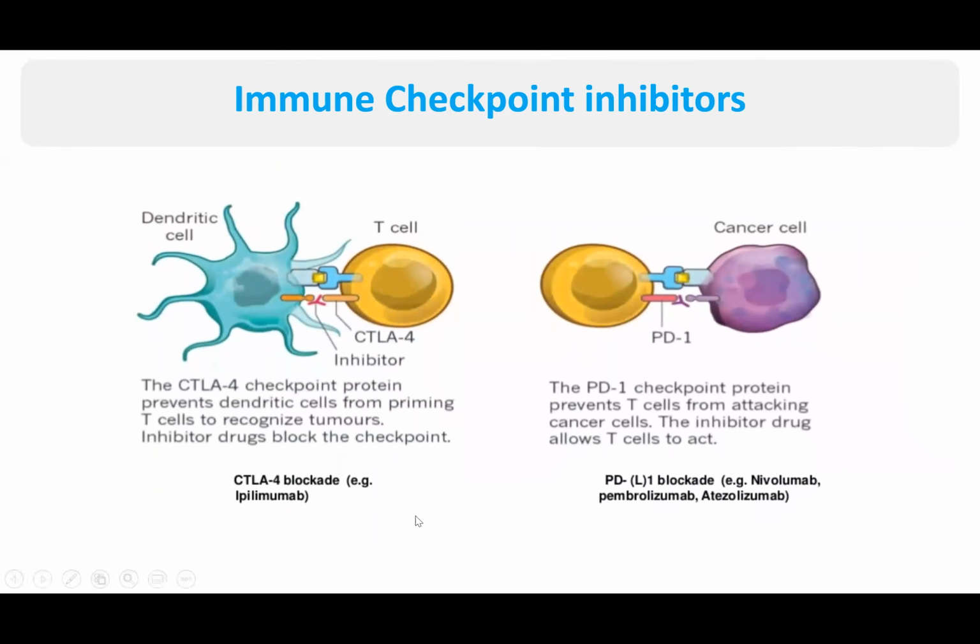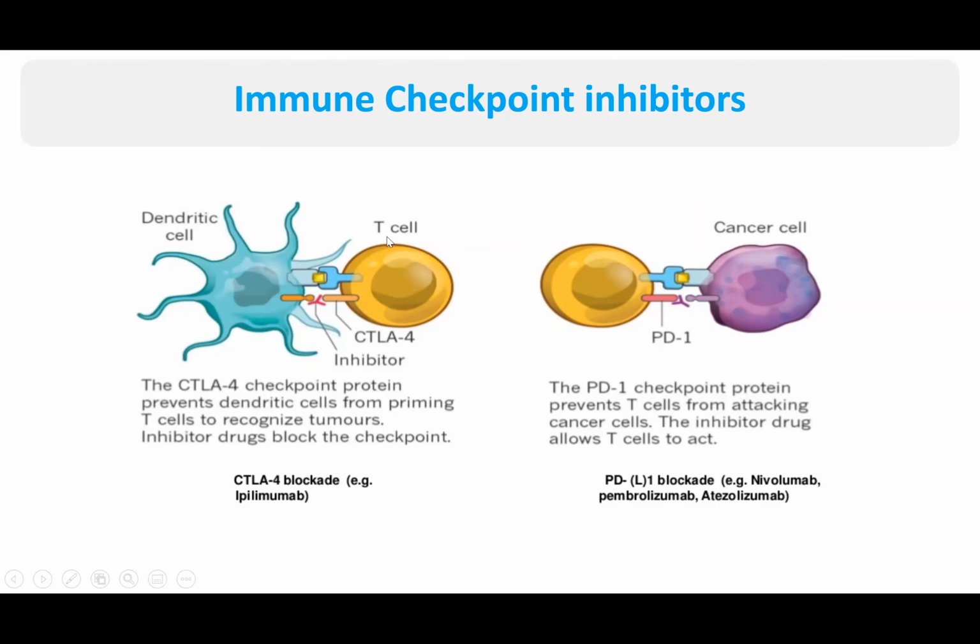For example, here we can see that T cells interact with dendritic cells, like we said, and we need two signals for the T cell to be fully activated, right? The first signal comes from interaction of the TCR, the T cell receptor, with the antigen-major histocompatibility complex, here expressed by the dendritic cell.